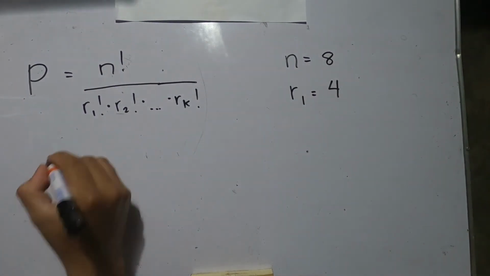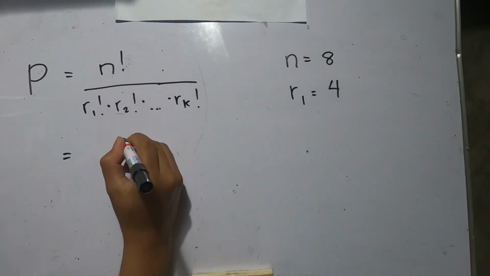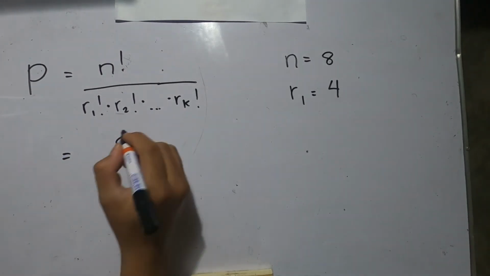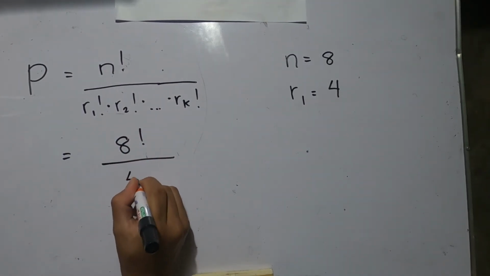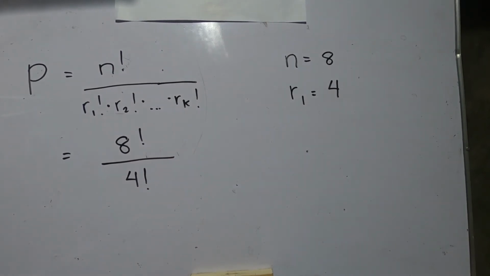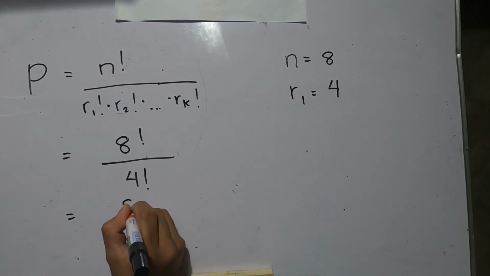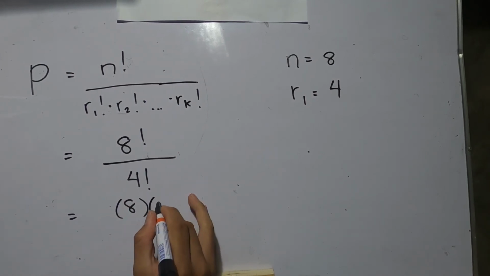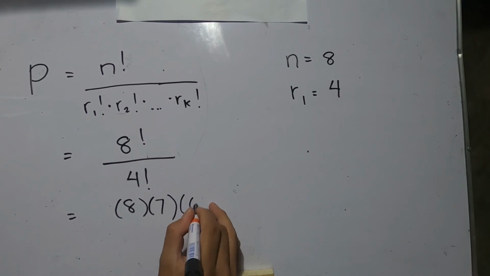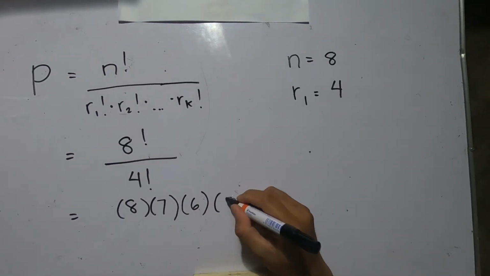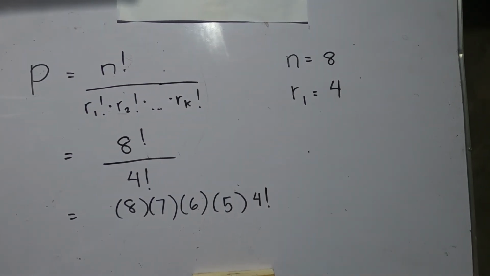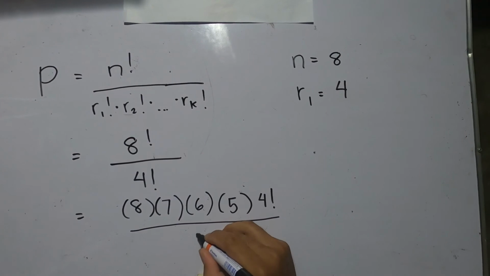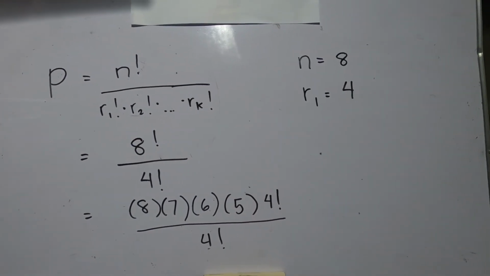By substitution, n is equal to 8, that becomes 8 factorial divided by 4 factorial. By further evaluation, 8 factorial is the same as 8 multiplied by 7 multiplied by 6 multiplied by 5 multiplied by 4 factorial. And this is divided by 4 factorial.